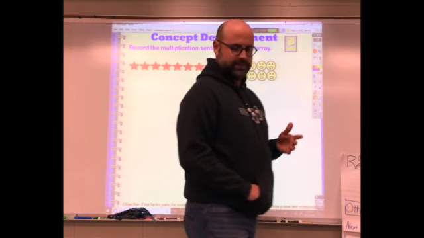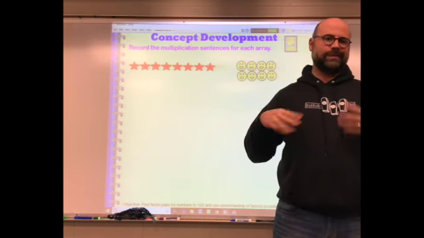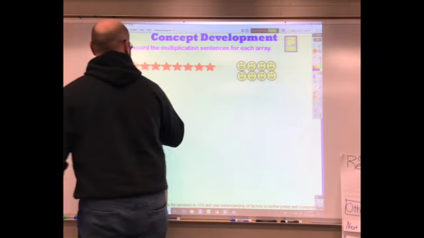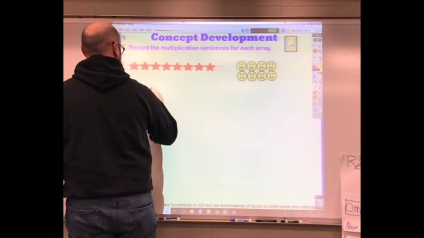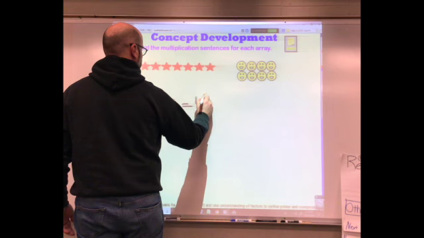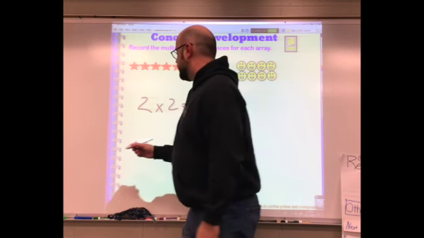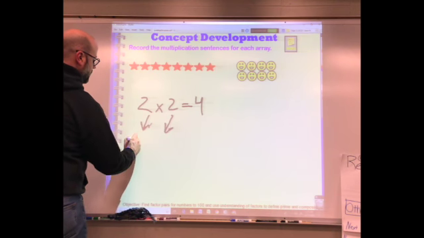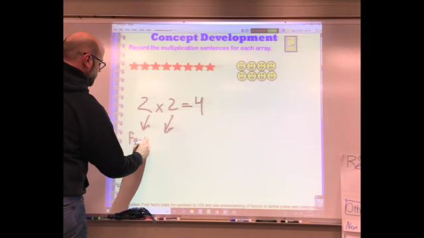Usually when we look at a multiplication sentence, we have three numbers, right? The multiplier, multiplicand, and the product. So, 2 times 2 equals 4. And these two numbers are factors.